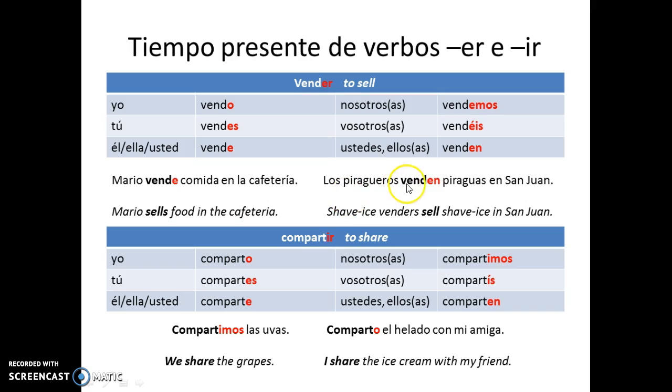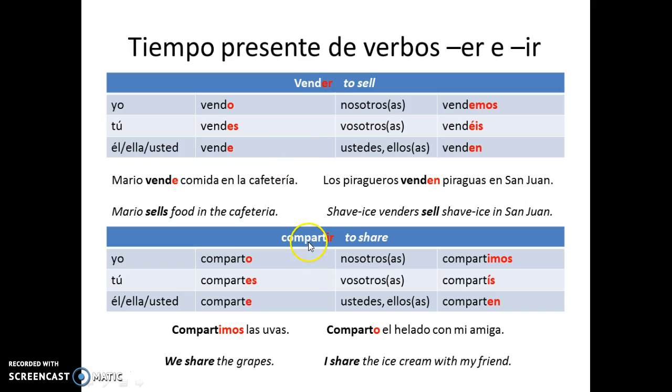Los piragueros venden piraguas en San Juan. Shave ice vendors sell shave ice in San Juan. We use the verb venden, the present tense, because los piragueros is an ellos, masculine, and there's more than one. So we use venden. That's an ER verb, vender.